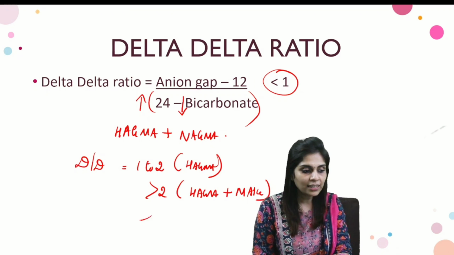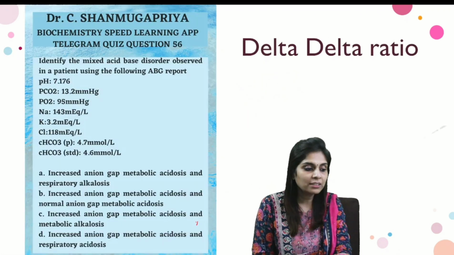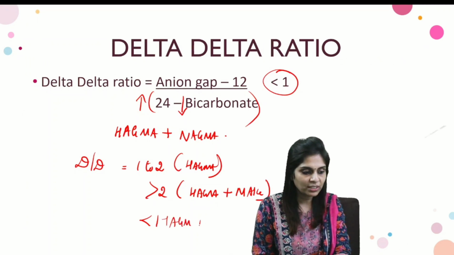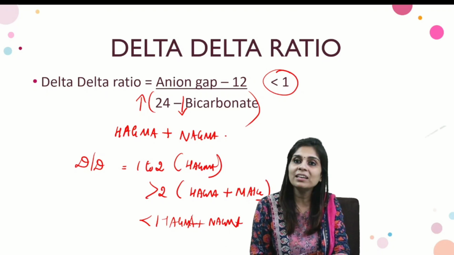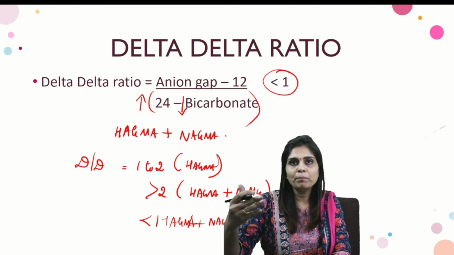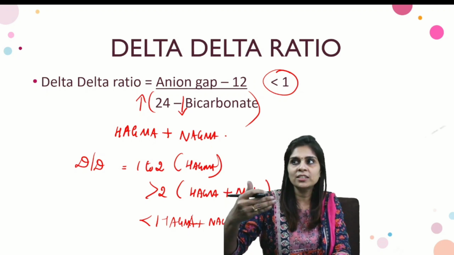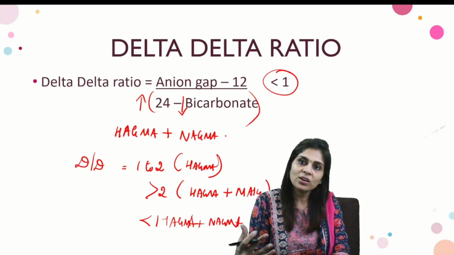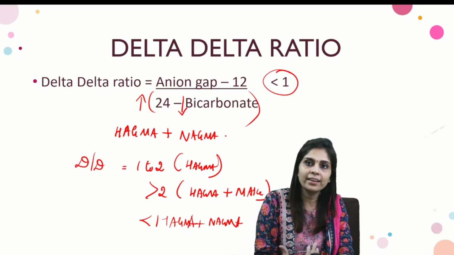Whereas if delta-delta ratio is less than 1, it means it's a combination of high anion gap metabolic acidosis and normal anion gap metabolic acidosis. Again, if you are wondering when you will find such a combination, imagine a patient who is suffering from type 2 diabetes, and this patient has a GI infection causing diarrhea.